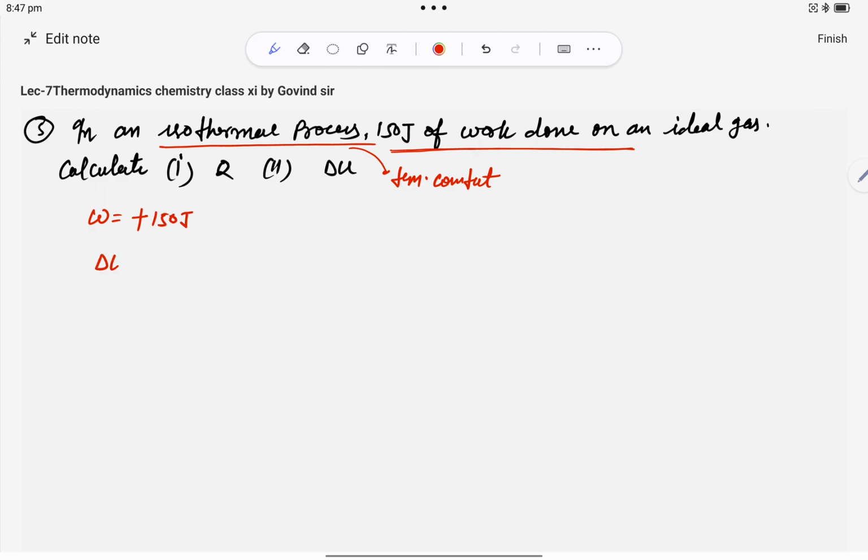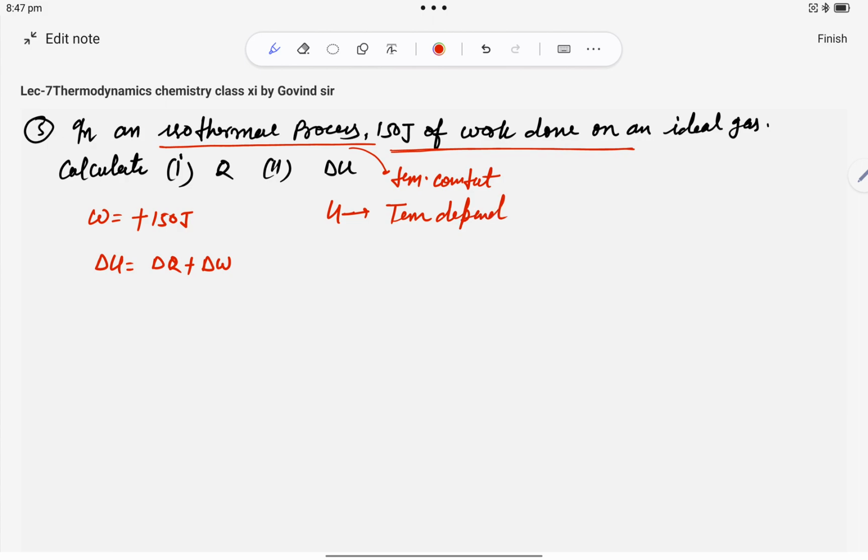So delta U is equal to what? Delta Q plus delta W. And you know that, children, internal energy depends upon temperature.